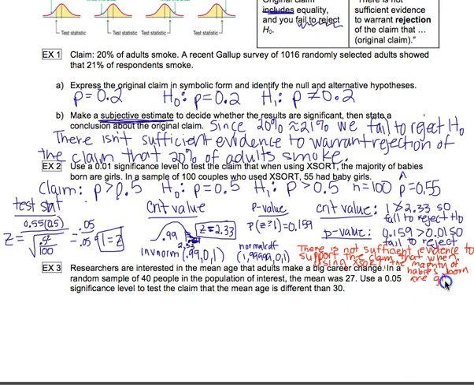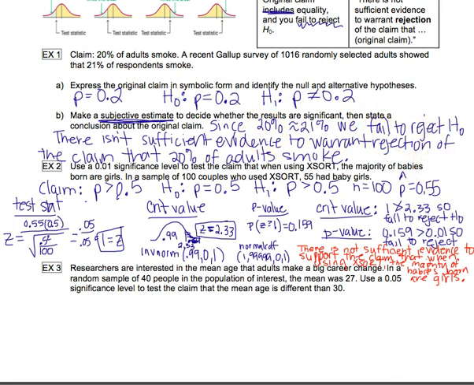I know, like, your hand's gonna be cramping up and you're gonna be really annoyed that you always have to write this out. But yes, the answer is you do always need to write it out. If you want to, like, abbreviate some of the words, like sometimes I'll just put SUFF for sufficient or EVID for evidence. But you do need to write out the claim and you do need to use that exact wording.